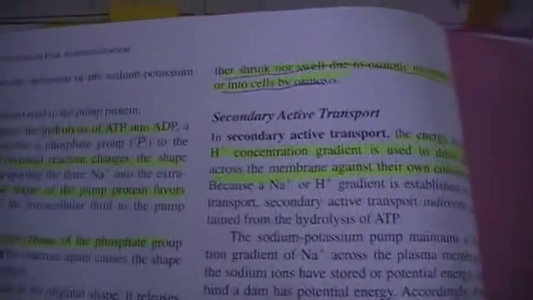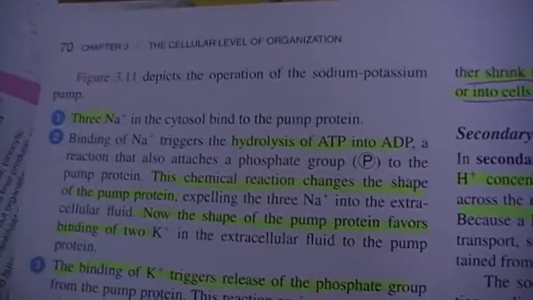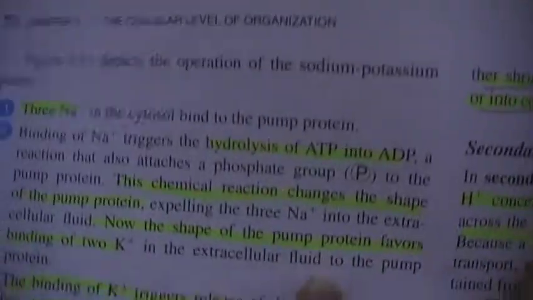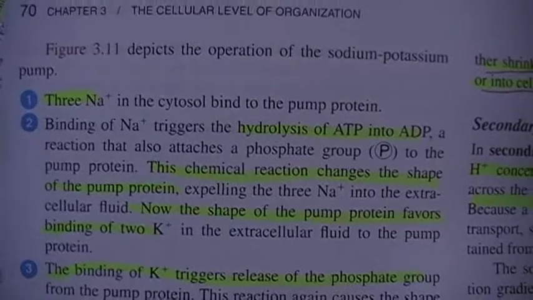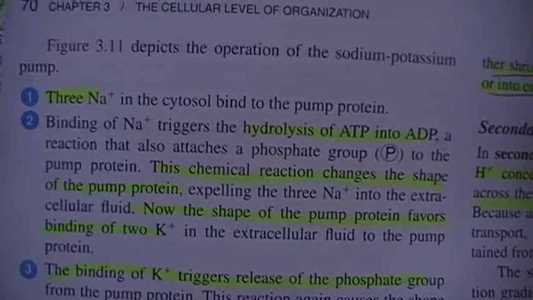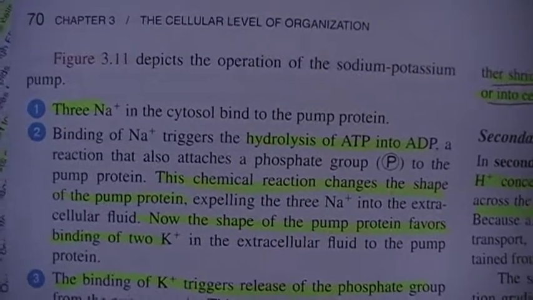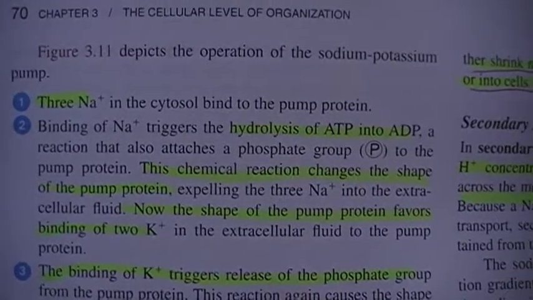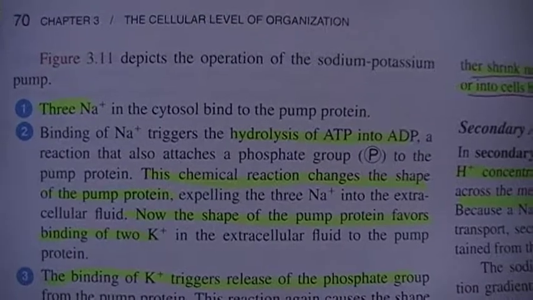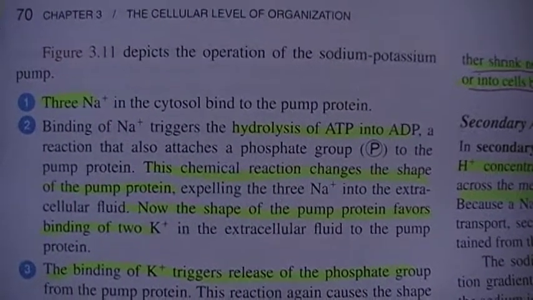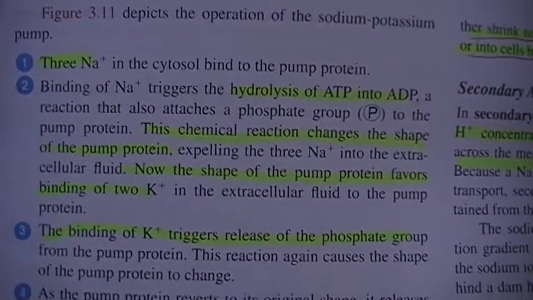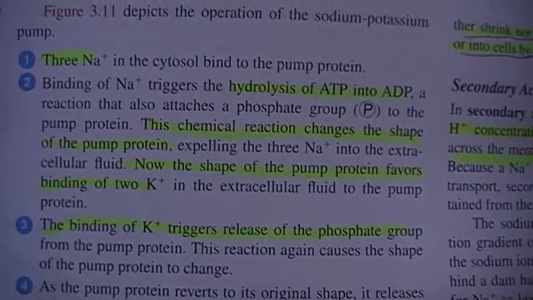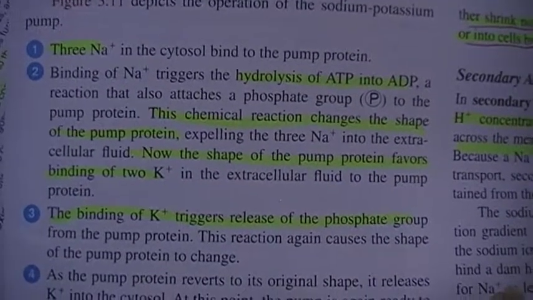Firstly, the first process of the sodium-potassium pump is that 3 sodium in the cytosol bind to the pump protein. This triggers the hydrolysis of ATP into ADP. This changes the shape of the pump protein.